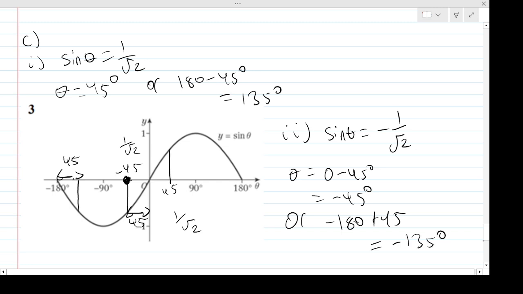That would be that solution here, minus 135, because again the gap is 45 between the end of the curve and that point here. Likewise between the other solution there and 0 would also be 45. The gaps have to be the same. Also we got minus 45 because positive 45 would be there, so the gap between 0 and 45 has to be the same as that gap as well.